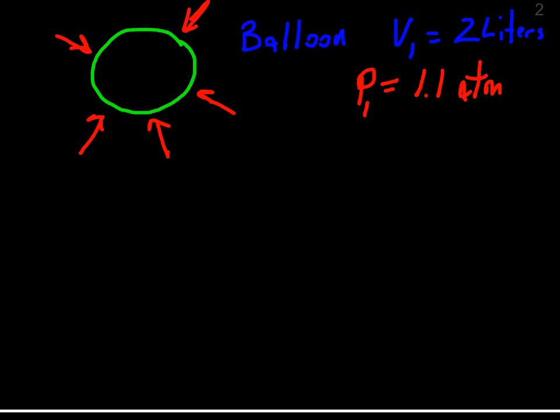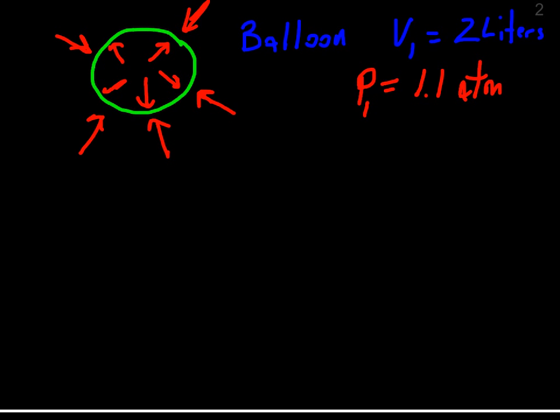Now, one of the things about balloons is if the atmospheric pressure is 1.1 atmosphere pushing in on that balloon, then that's the same as the pressure that the balloon is exerting on the atmosphere. Otherwise, the balloon would change shape. So I know that the pressure on the outside of the balloon is going to be the same as the inside of the balloon, because that's the way it has to be.